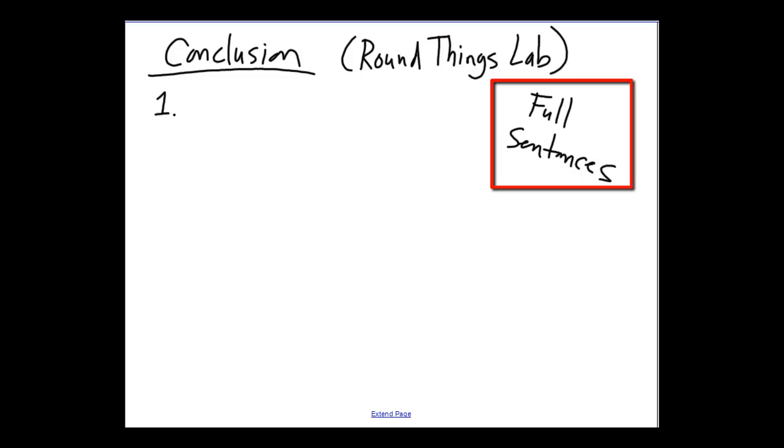All right. So question number 1 is really simply trying to come up with an answer for our purpose statement. Our purpose was, remember, to determine the relationship between the circumference and diameter of a circle. And that simply is answered by looking at the shape of our graph.